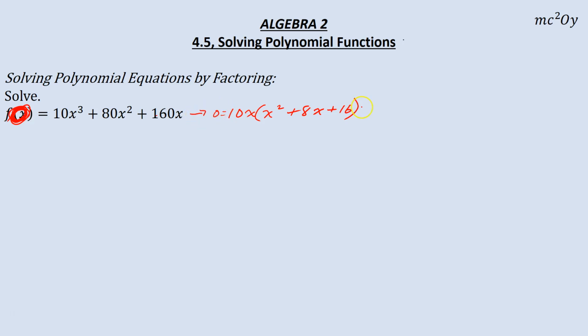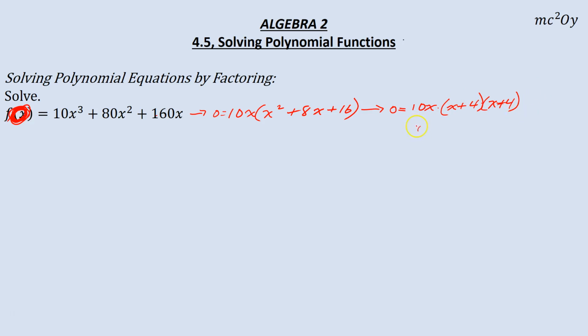Once I have that, I can look at this chunk, the x squared plus 8x plus 16, and factor that. So I now have 0 is equal to 10x, but I know x squared plus 8x plus 16 factors to x plus 4 times x plus 4. I'm assuming you can factor okay here. Since I have 3 factors, I can set each of those factors equal to 0.